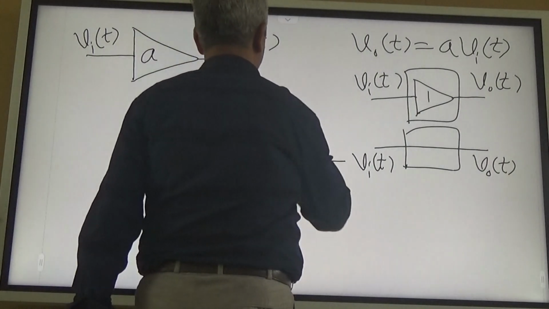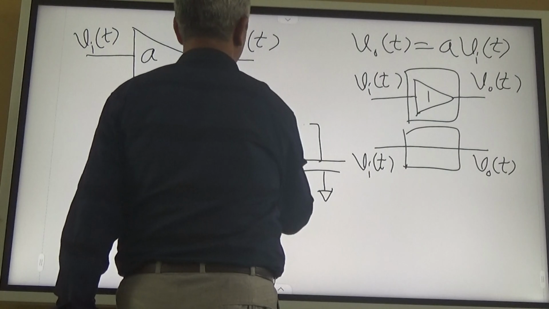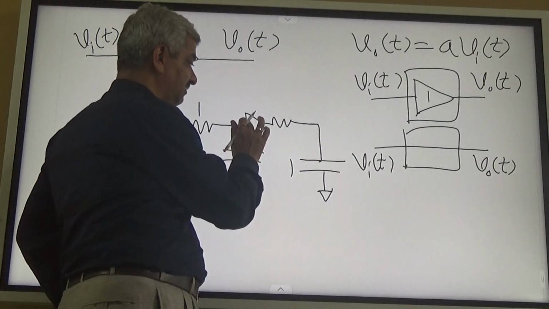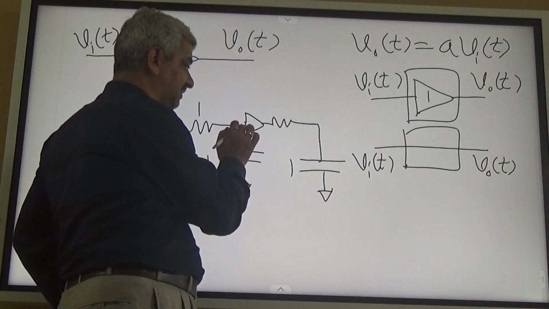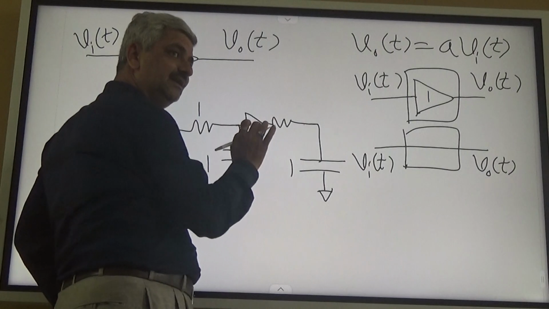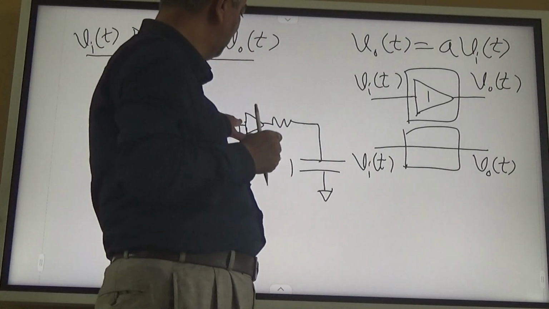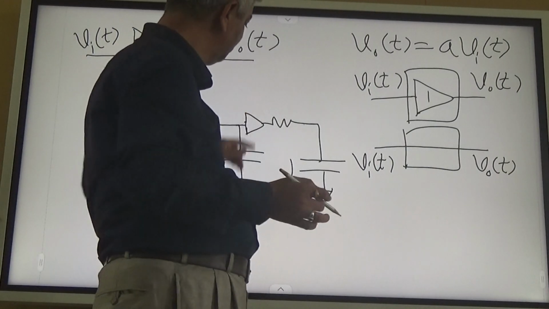Whereas if I connect this through an amplifier, the amplifier connected here draws no current. It just observes that, and it is a device with very high input impedance. The details you will see in the videos.